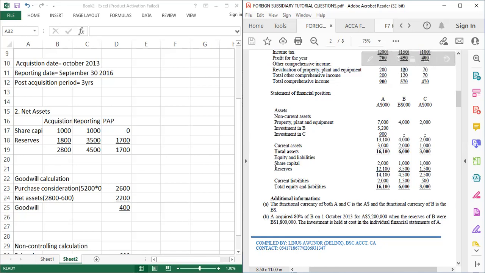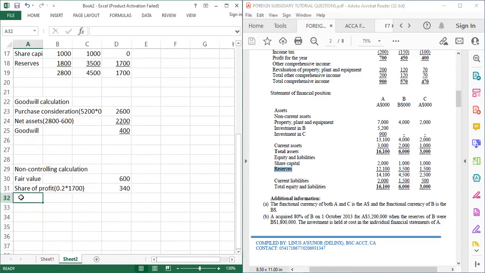But since they are showing only reserves, the revaluation surplus and retained earnings are all included in the reserves. So we just share that and move on. There is no impairment of goodwill, so there is nothing else that is going to increase the NCI. So we find the NCI total, which is 940, then we translate it at the closing rate.